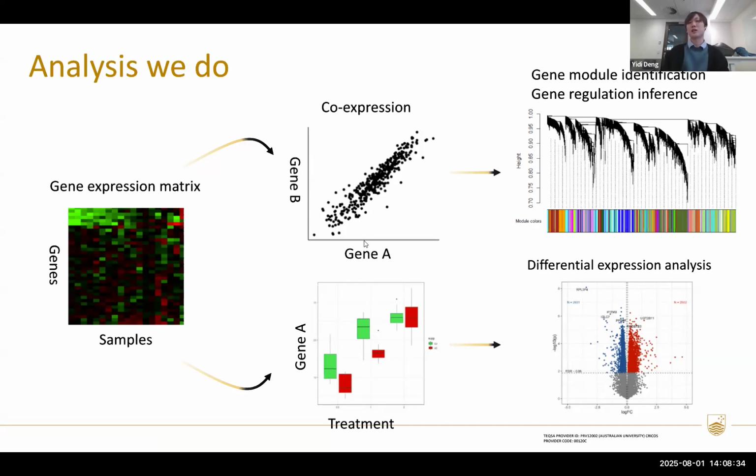By doing this, we can do gene clustering by expression so that we can identify gene modules that could represent functional modules that regulate gene and cell function. We can also do gene regulation inference, which is some kind of causal inference, where from observed expression data we infer which gene regulates which.